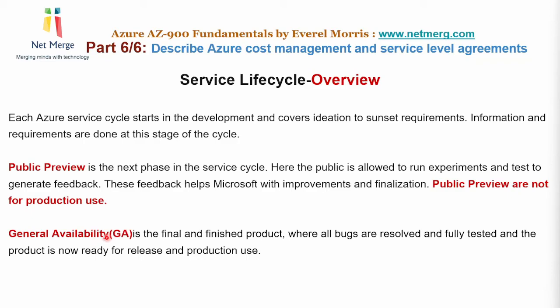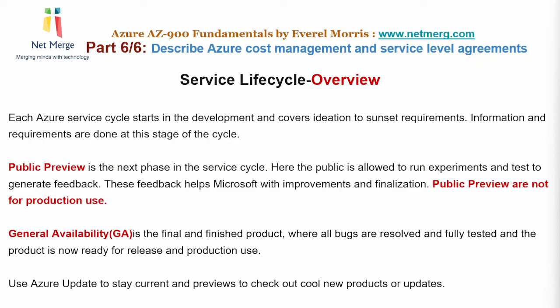So general availability product is the only product you want to put in production. You never want to put a preview material into production. Okay, so we should be able to differentiate that. Now, use Azure Update to stay current and to view previews and check out cool new products in Azure. That's what it's for. So you have Azure Update and you understand what it's for.